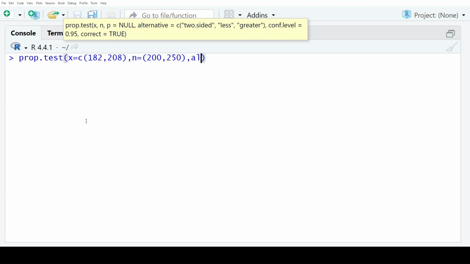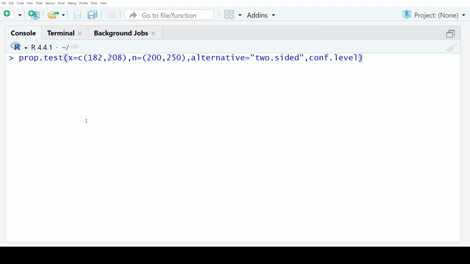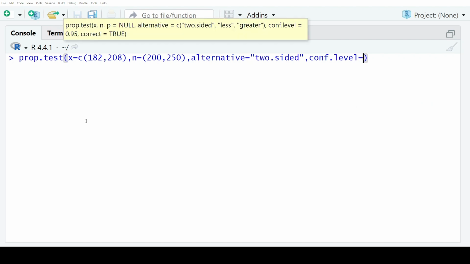Then we go alternative equals two-sided. Confidence level equals, well, we were given alpha, which was 0.10, so confidence level will be 0.90. And then don't forget correct equals FALSE.